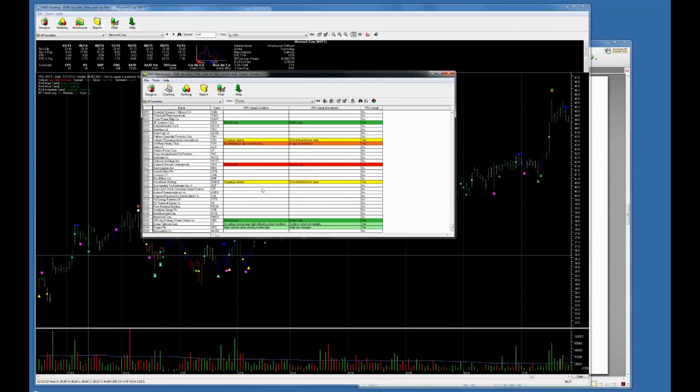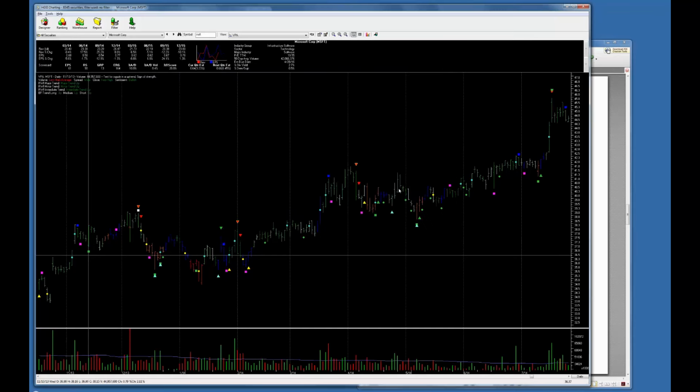The warehouse part, though, I think we're going to probably cover. Ron will maybe talk about it a little bit, and we'll cover some more later on how to use this to do filtering to find tradable events from the VPA. So I think that pretty much covers most of the indicator options that I was going to cover.